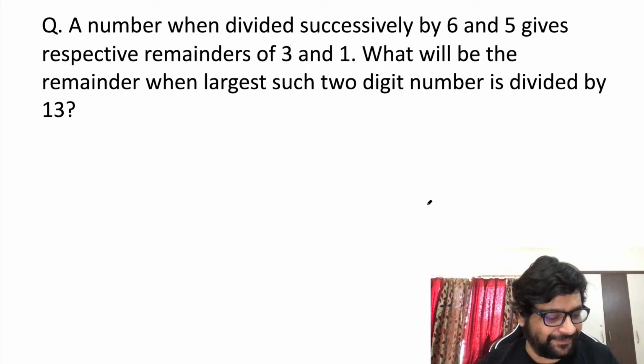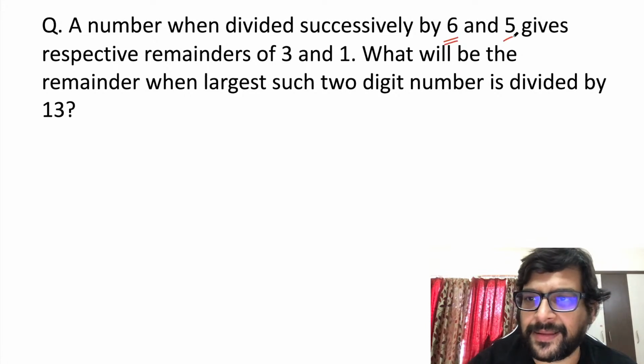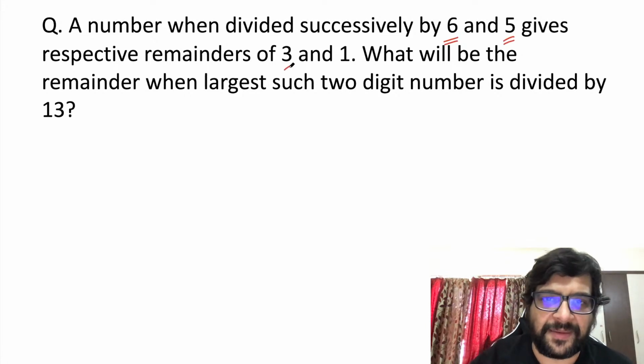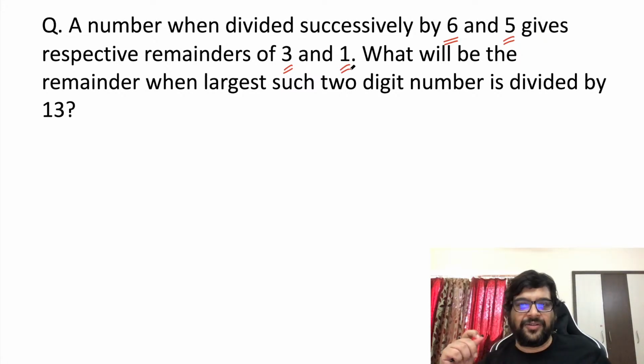What will you do here? A number, when divided successively by 6 and 5, gives the respective remainders of 3 and 1.